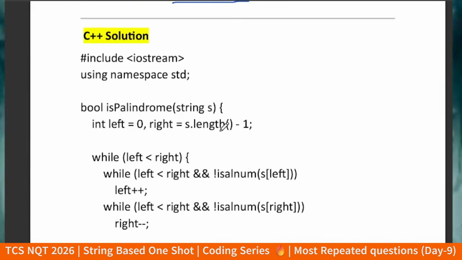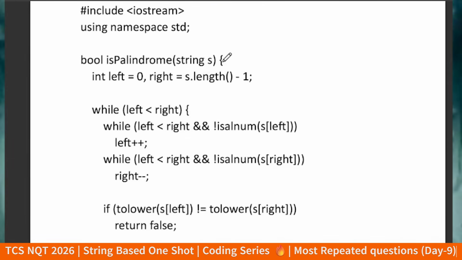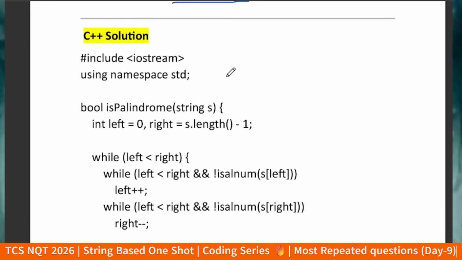Okay, so coming to solutions, first is the C++ solution including string. This is the bool isPalindrome, passing the string, declaring the two pointers. The first pointer is the left pointer, which starts from 0, and the second one is the right pointer, which starts at s.length minus 1, that is from the last.